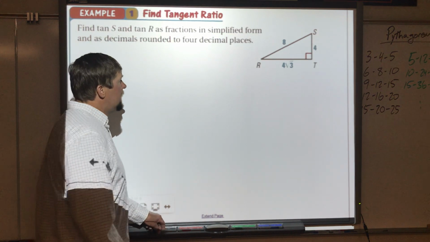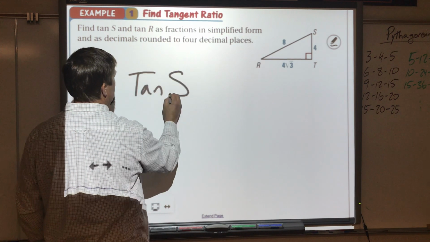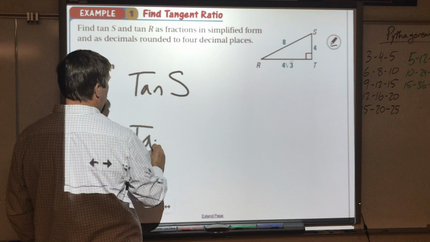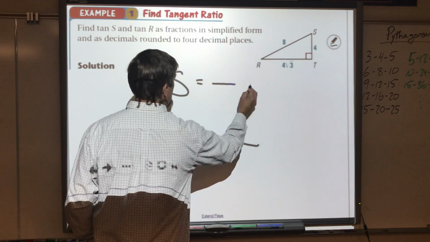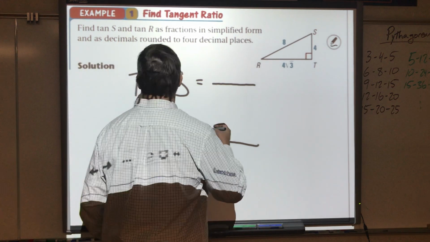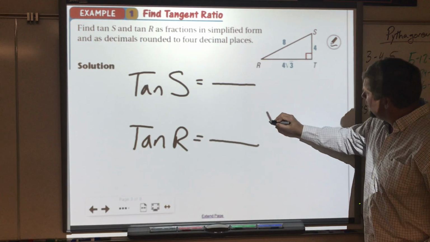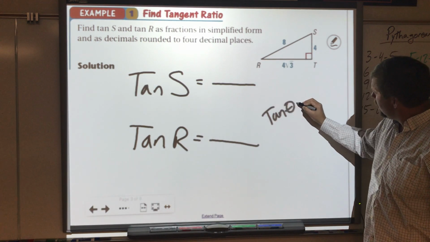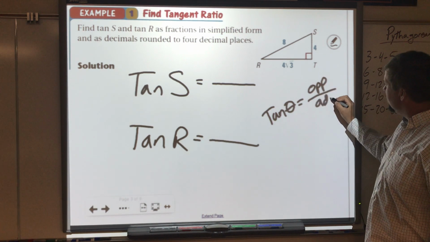Okay, so here it says find the tangent of S and the tangent of R. Well, we know that the tangent of an angle is always the opposite leg over the adjacent leg.